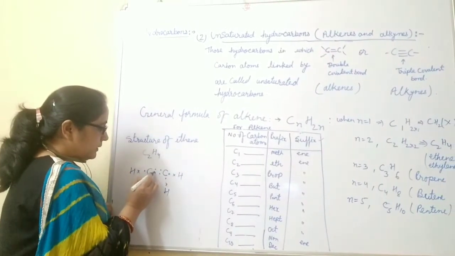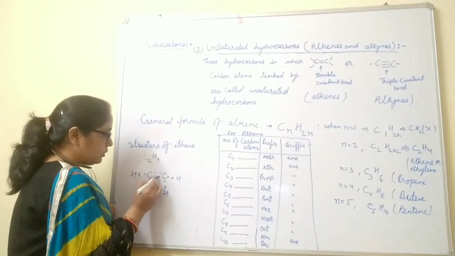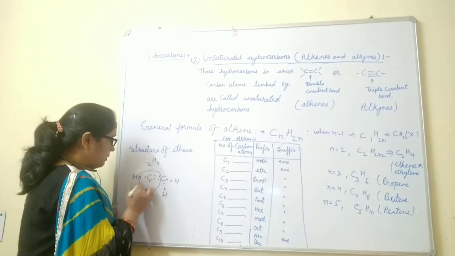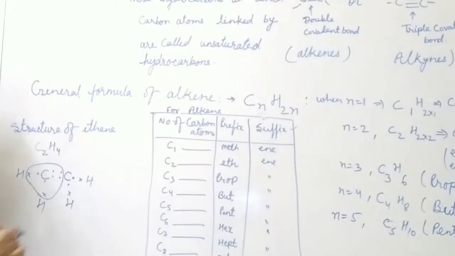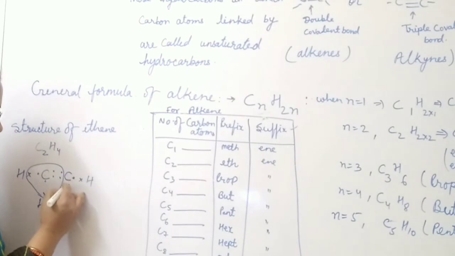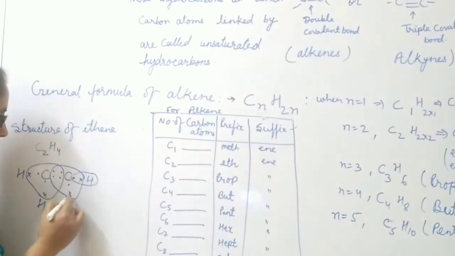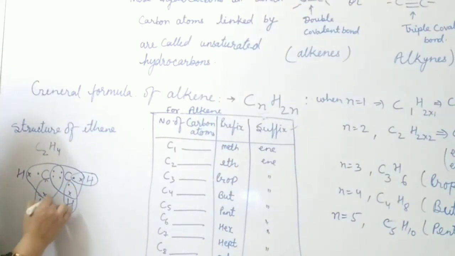How is it completed? This carbon atom completes its octet by using the shared electrons 1, 2, 3, 4, 5, 6, 7 and 8. This carbon also completes its octet in the same way. And the hydrogen atoms use the shared electron with carbon and complete their 2 electrons and behave like the inert gas helium.